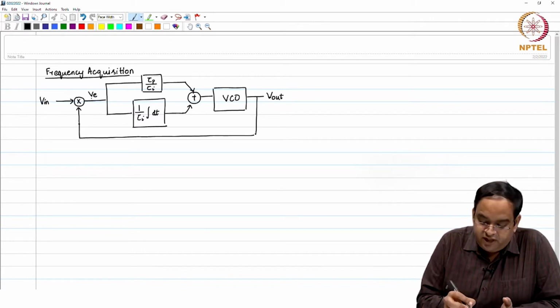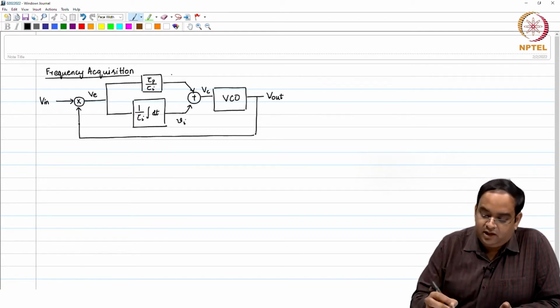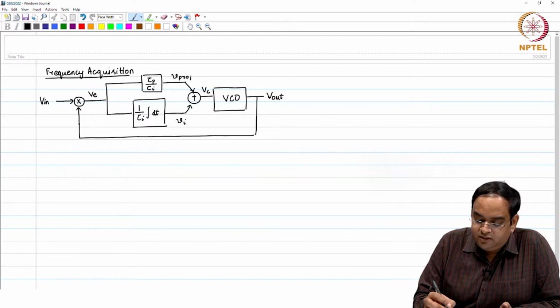So, this is your V error, this is your control voltage, and the voltage which you see at the output of the integrator is termed as Vi, and this is V proportional.